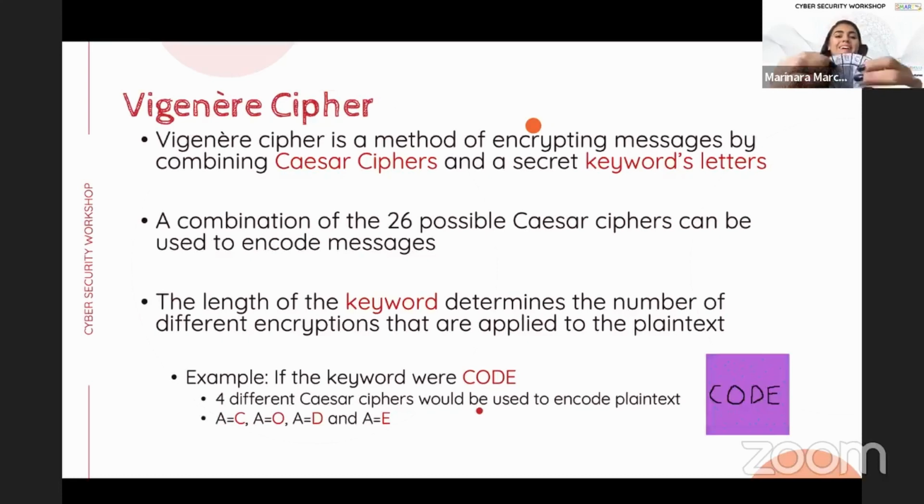There we go. So A equals O, and encode another letter, and then do it again. So it can get a bit tedious if you're doing it using the Caesar cipher, and that's why we have a different page there for you guys for the Vigenère cipher. This one here is going to make our life a lot easier to encode these.